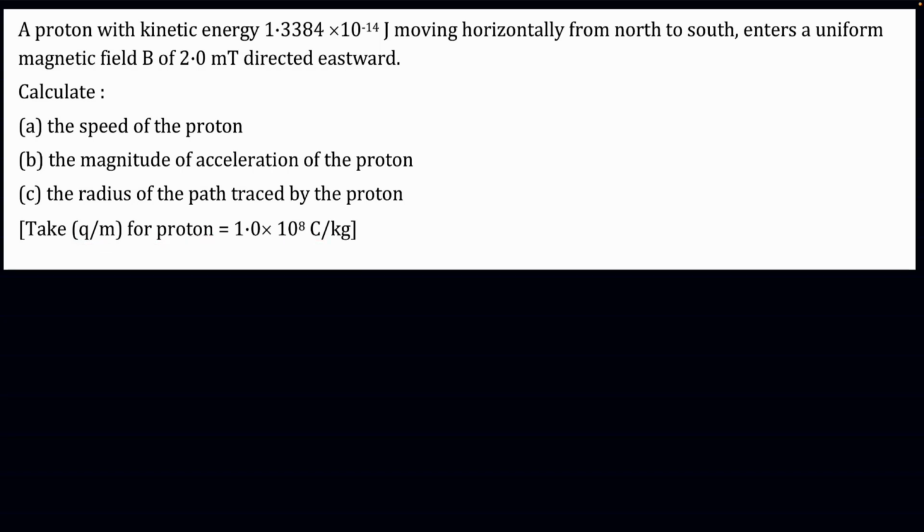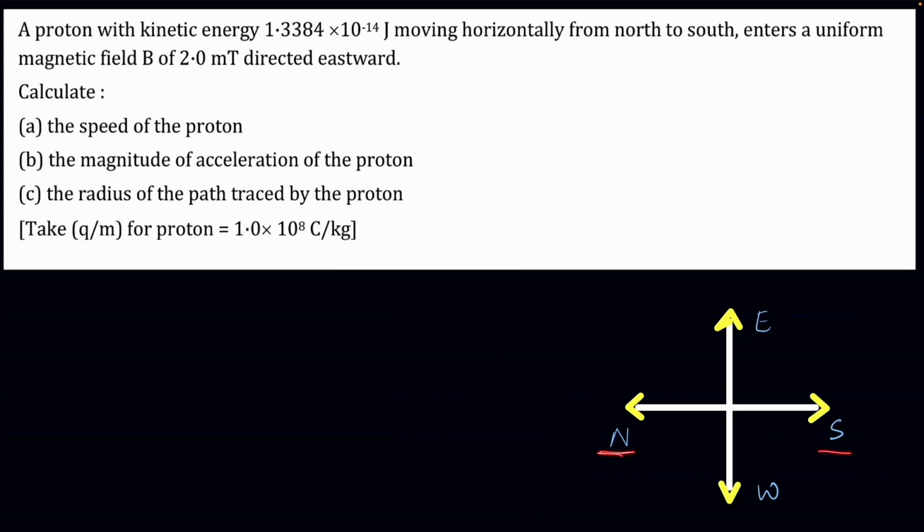So let's understand the question. In the question, it is given that a proton moves from north to south direction, which lies on the horizontal direction. So in this direction we have a proton, and this proton has certain kinetic energy, given as 1.3384 × 10^-14 joule.